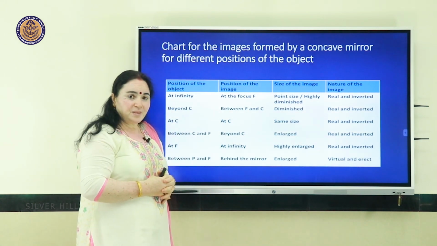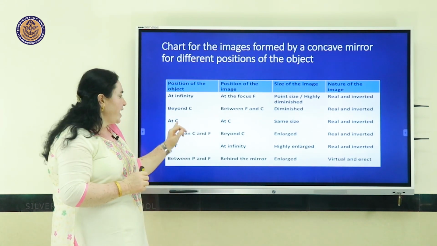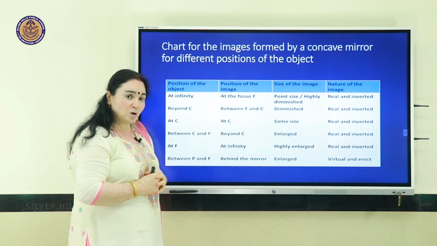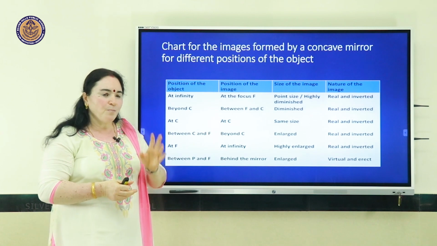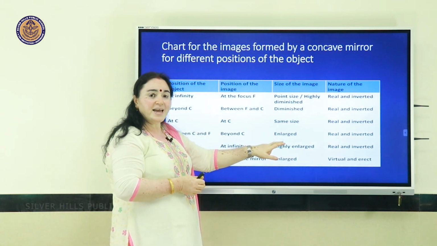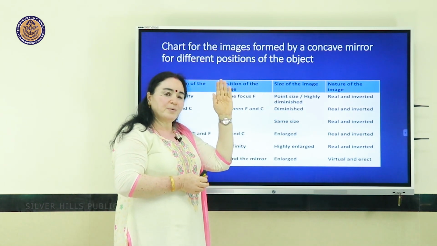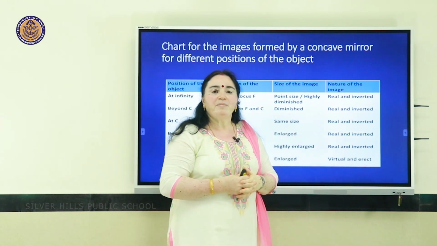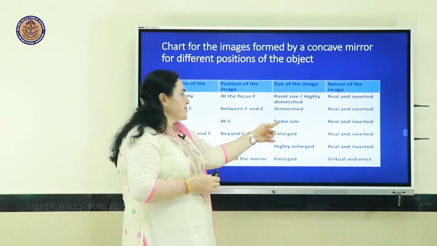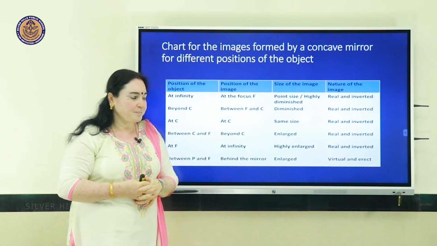At C is a unique case. At C, that means what? My object and the image are created at the same point. The only thing is that my object is upright, my image is inverted, hence my image is real. Size is same size.